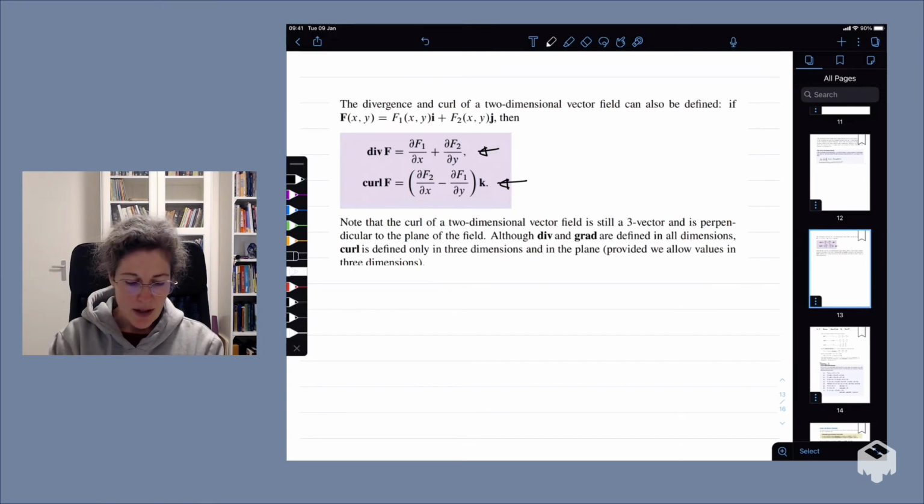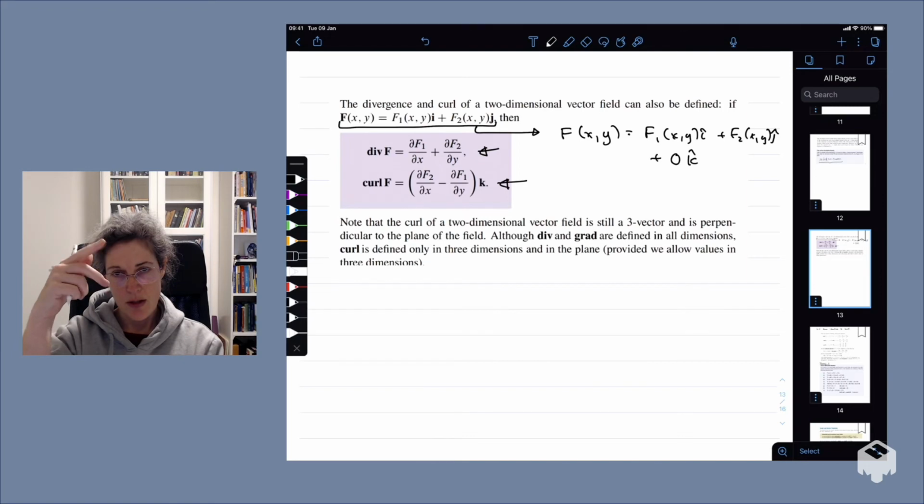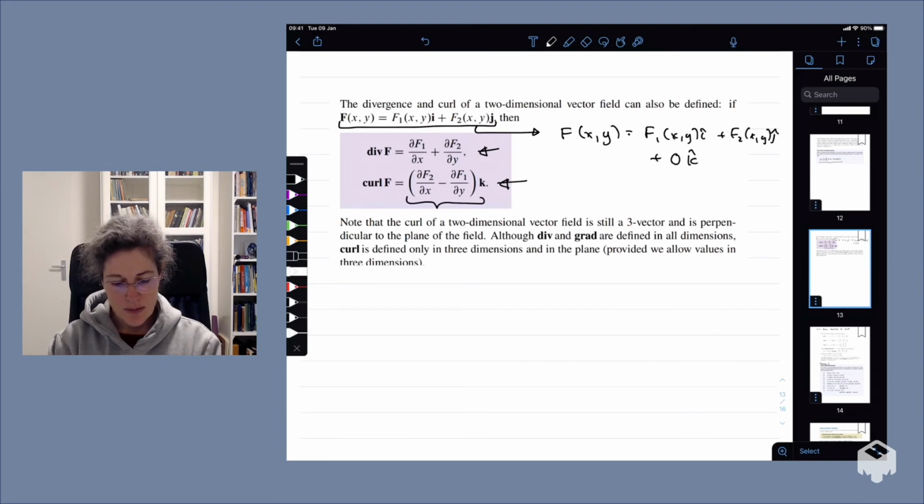So you take your two-dimensional vector field and extend it into 3 dimensions by doing this, by just giving it 0 in the 3rd dimension, and then you can go straight ahead and work out a curl, and what you'll find out is that you get this. Okay.